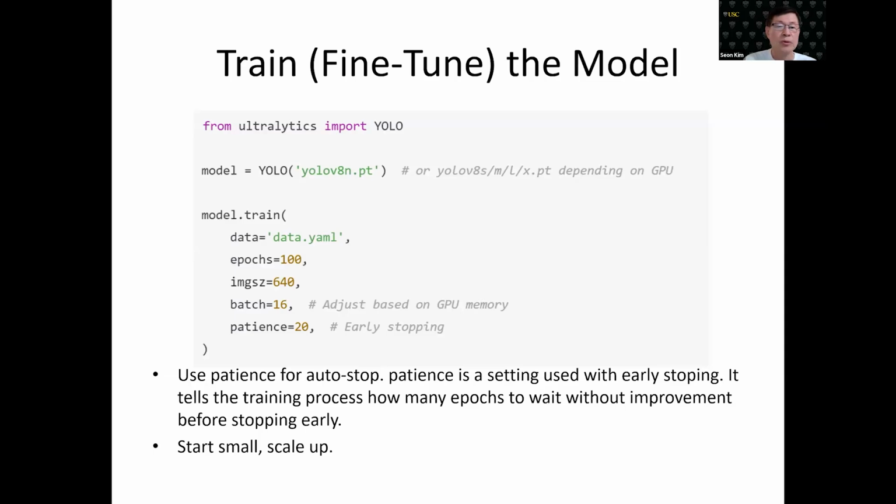When you use patience, you can save time and computational cost. Usually we recommend you start from a small number of iterations and a small image size. And after getting and evaluating the result, if it is promising, you can just scale up. That is the usual way.